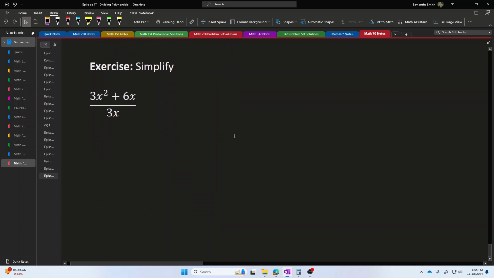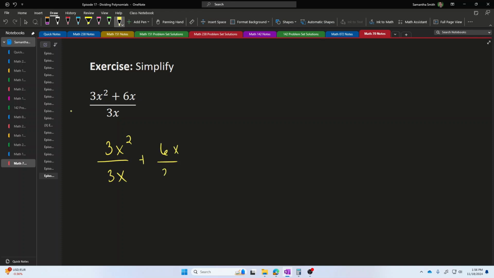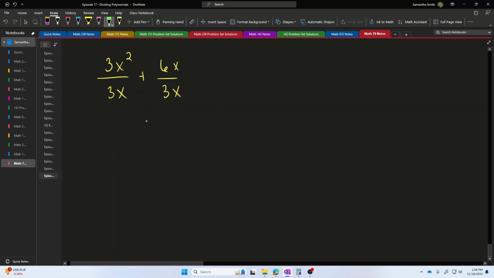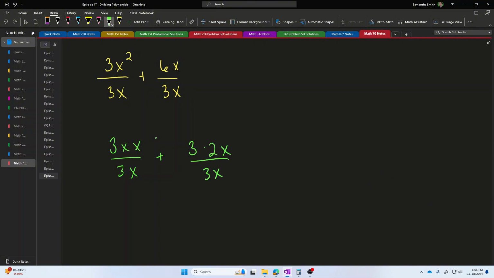Someone says, I want to simplify 3x squared plus 6x over 3x. To do this, I'm just going to go in and divide each of the terms in the numerator by 3x separately. Now, if I simplify this first fraction, here I have 3 times x times x in the numerator, 3x in the denominator, and in the second I have 3 times 2 times x divided by 3x.